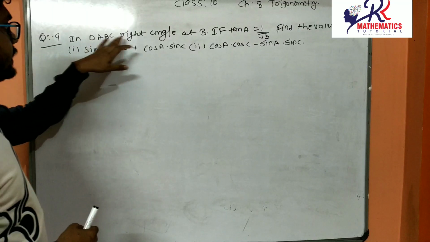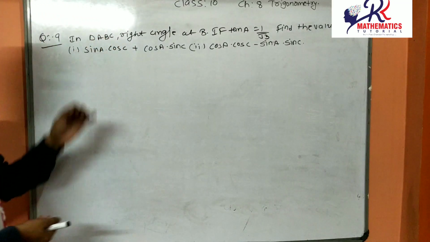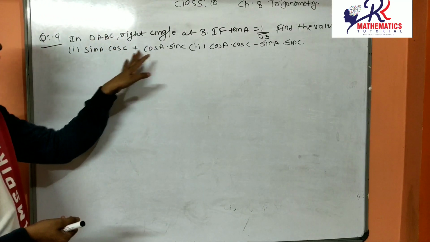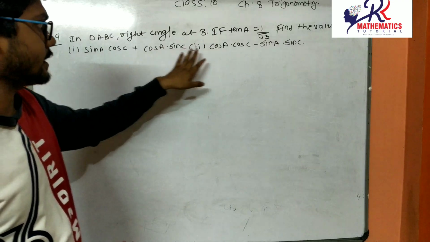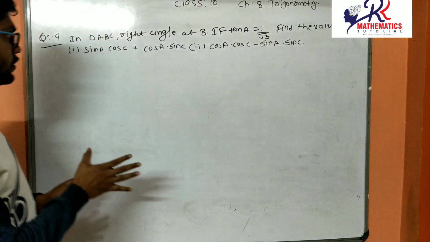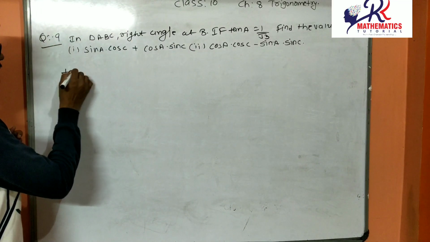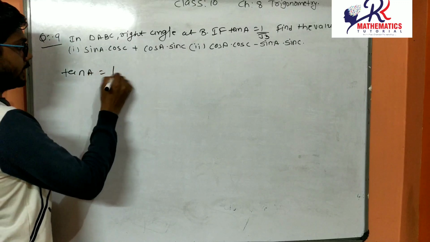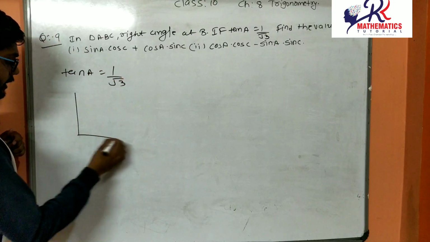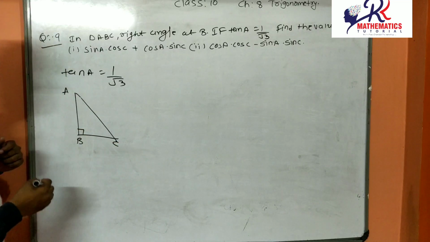In triangle ABC, right angle at B, if tan A is equal to 1 by root 3, we have to find the value of first sin A into cos C plus cos A into sin C, and the second is cos A into cos C minus sin A into sin C. So first of all, we have to find the value of sin A, cos C, cos A, sin C, right? So here tan A is given 1 by root 3. So we take triangle ABC, right angle at B, as reference.